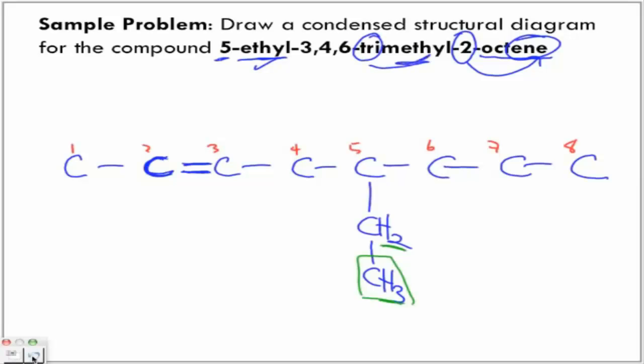Then there are 3 methyl on the diagram, and we know that they are on the 3rd, 4th, and 6th place. And that's why it is named trimethyl, because there are 3 on the diagram.